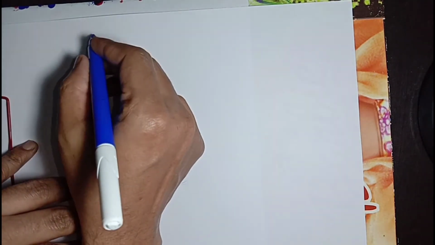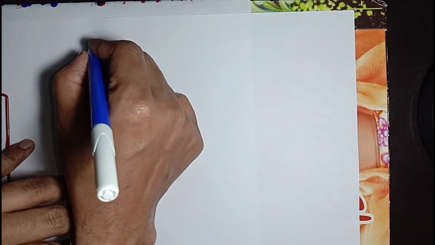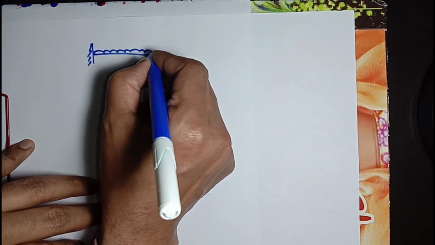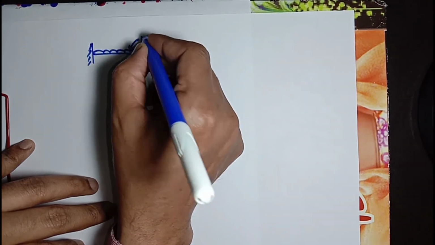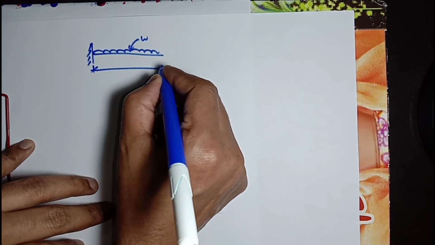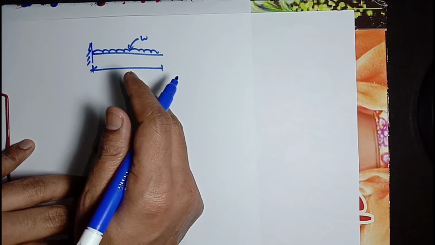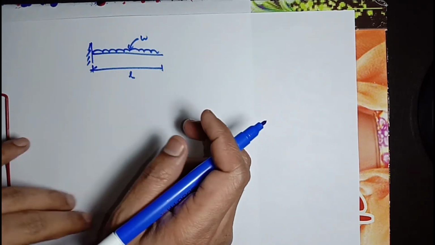The problem statement: this is the beam having UDL W, span is L, and we need to find the bending moment diagram for this beam.